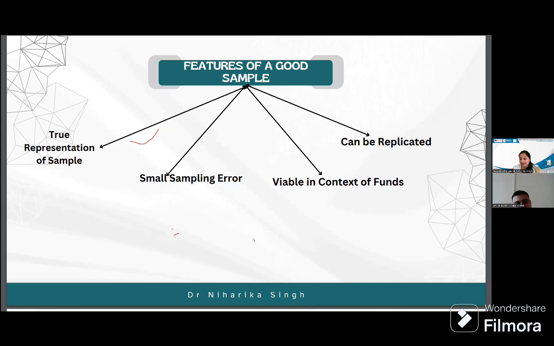It also has to be viable in terms of funds. As a researcher, you get a very specified amount of funds, especially if you're working on a funded project, a research work, or a PhD proposal, where you have very limited funds. So you have to be very careful of what funds you have and how you design your research proposal, and based on that, your sampling has to be calculated.